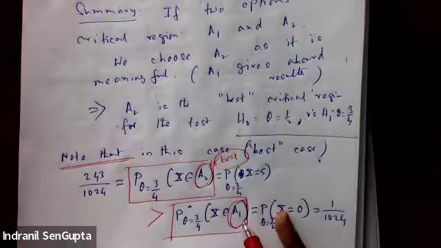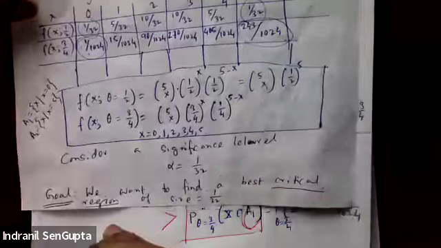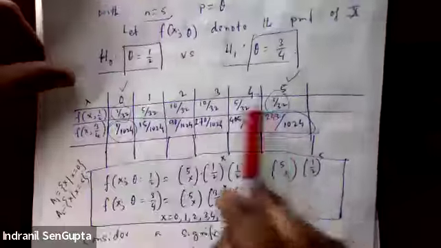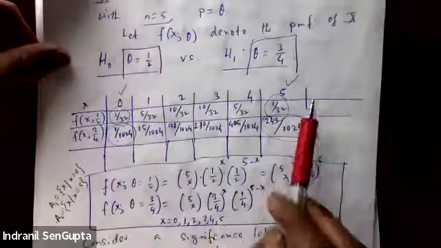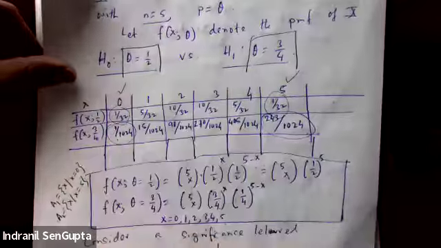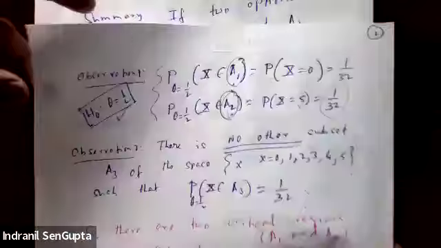Okay. So what are the similarities? The similarities are right here. For both 0 and 5, for X equals 0 and X equals 5, my critical region under the null hypothesis, getting 0 and getting 5 are equally probable, right?